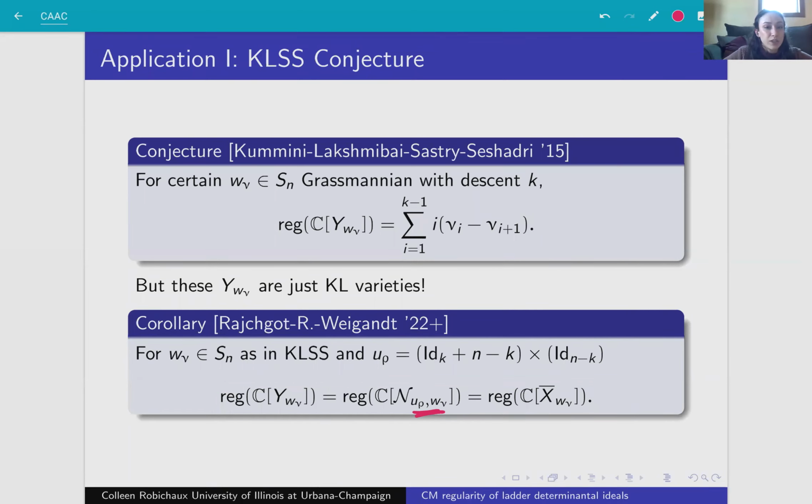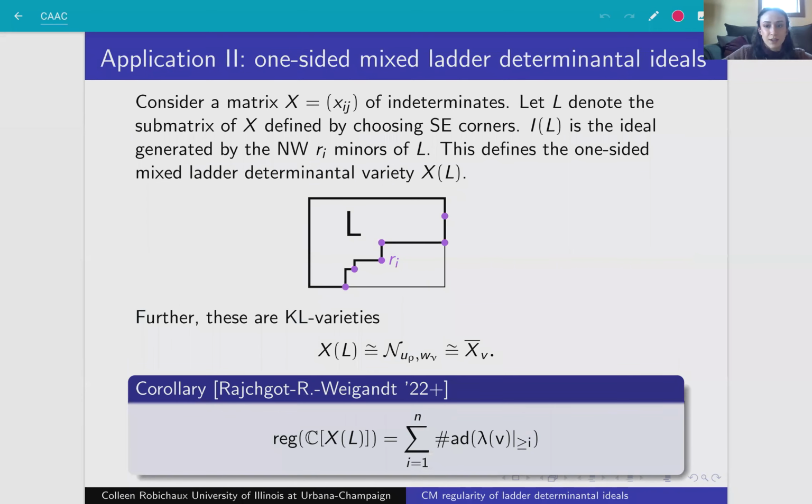In general, their conjecture is almost always an upper bound, but we were able to correct it using our theorem. The second application we have is to compute regularities of one-sided mixed ladder determinantal ideals. In previous settings, for the classical determinantal variety case, you're taking minors of a rectangular matrix.